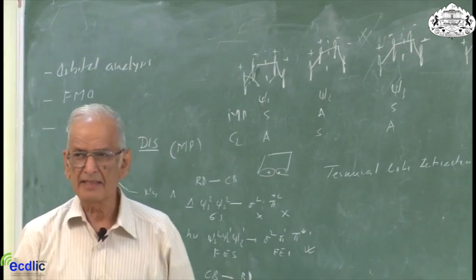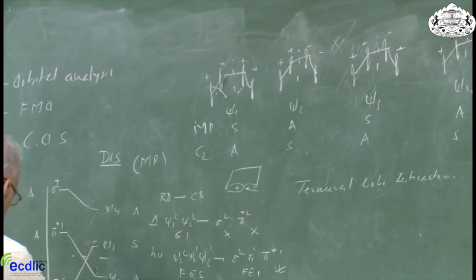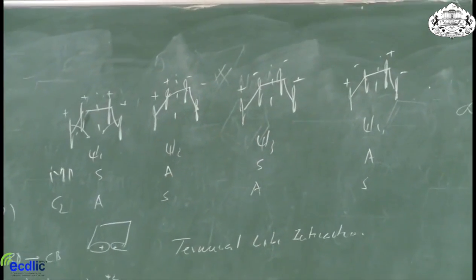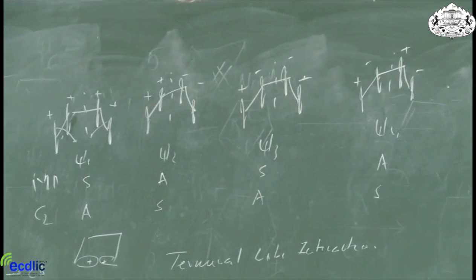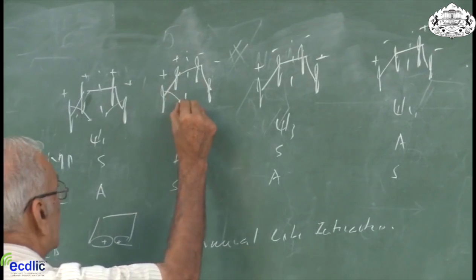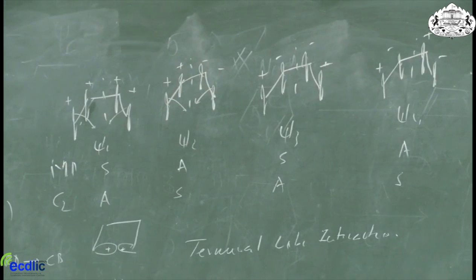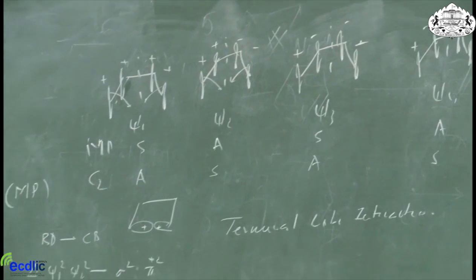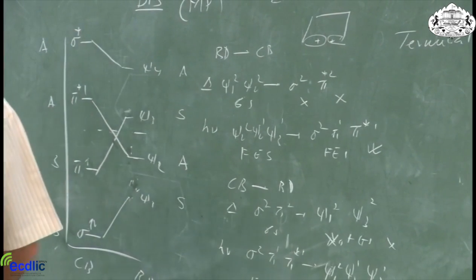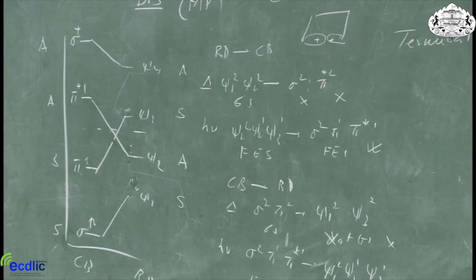So, the interaction is bonding. Bonding means psi 1 will go down in energy, psi 3 will also give you bonding interaction. Therefore, psi 3 will also go down in energy. When I do this, what will happen? I will get an anti-bonding interaction. Therefore, when you get anti-bonding, it goes up in energy. Psi 2 goes up, psi 4 goes up. So, it will be a check that you have drawn it in the correct manner.